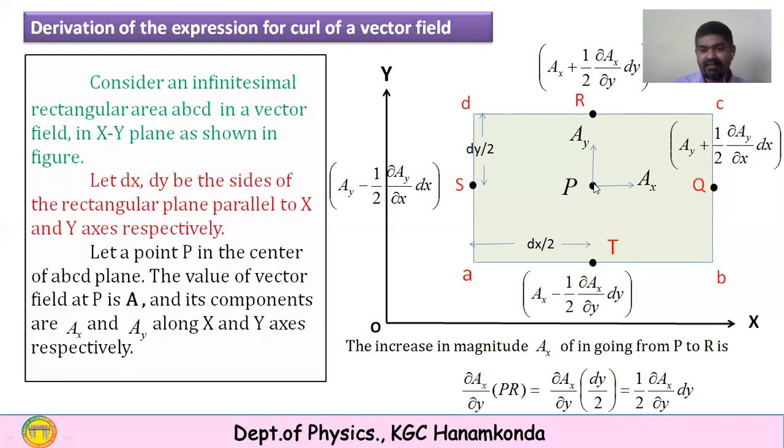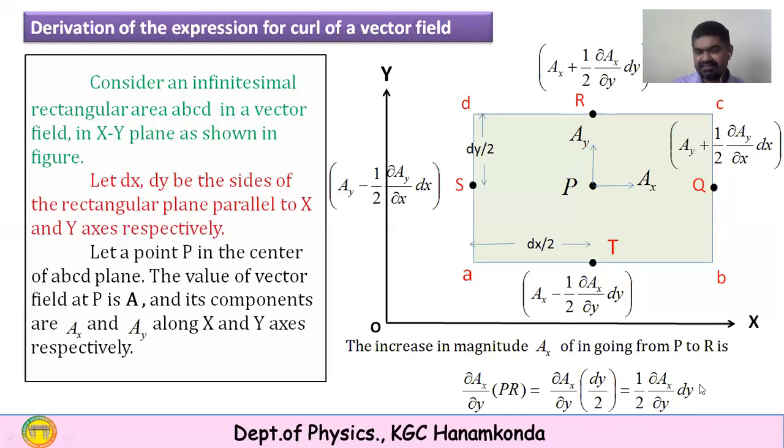The increase in magnitude is calculated as the rate of change multiplied by this length. Therefore, the increase in magnitude of Ax along the y-axis is dou Ax by dou y into dy by 2.